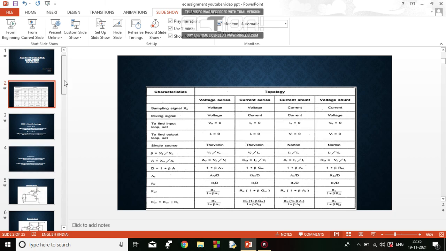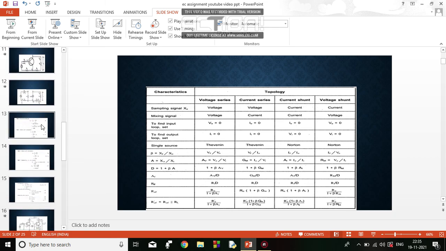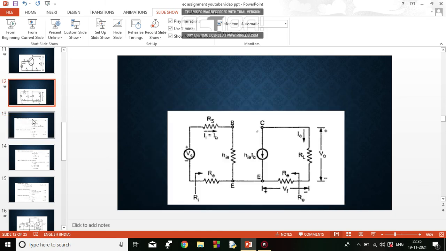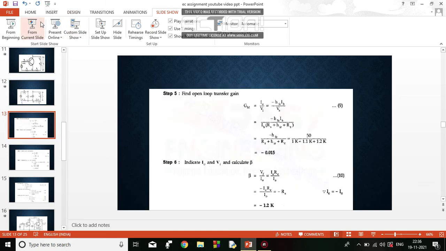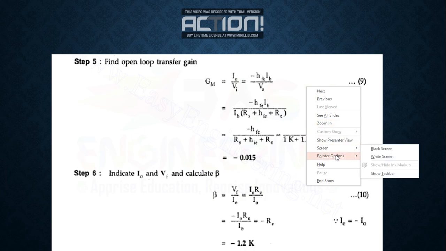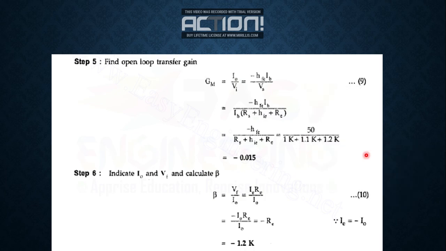Now let's continue from where we left off. I will take the pointer. GM is nothing but transconductance, which is output current by input voltage, which is I naught by VI. I naught is equal to IO, which is equal to minus HFE into IB.